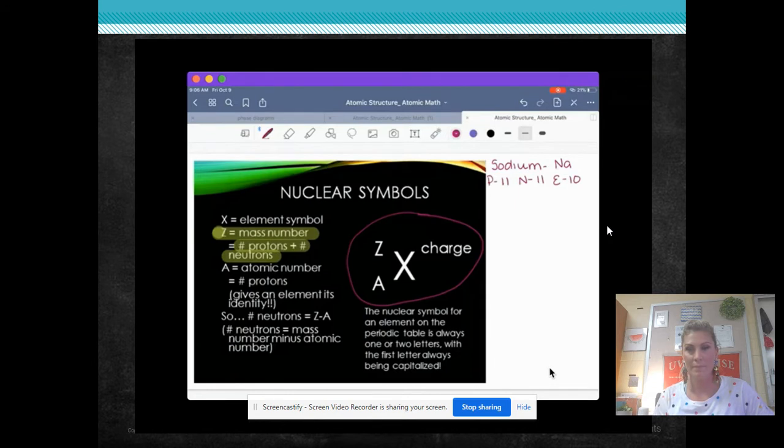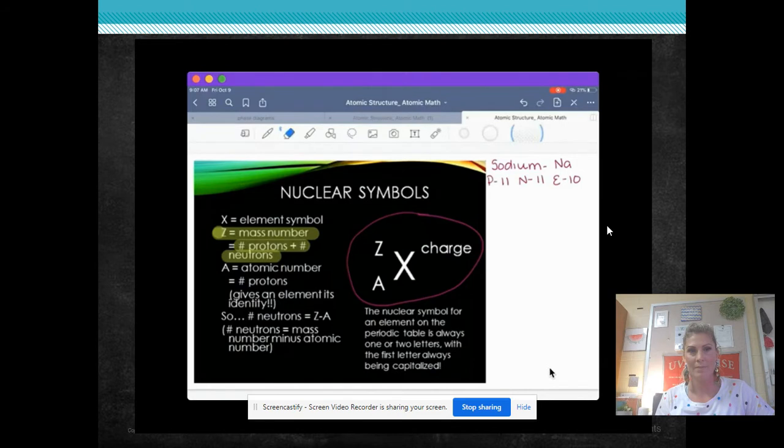All right, so we are going to symbolize our atoms, and it's going to give us all the information we need to know about that atom. It's going to tell us what its symbol is, what its mass is, what its atomic number is. It's going to tell us a bunch of things. And it's all done in a very short, compact method, so we're not writing paragraphs explaining the atom.